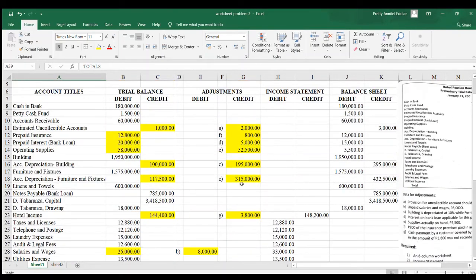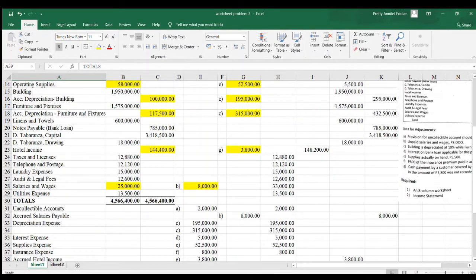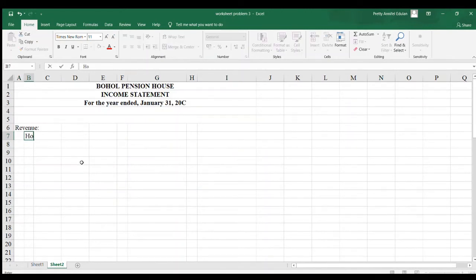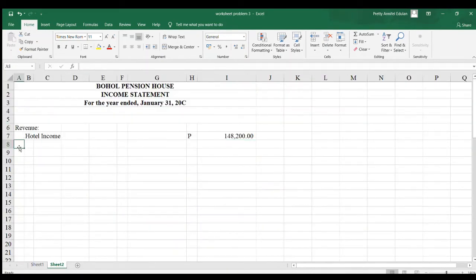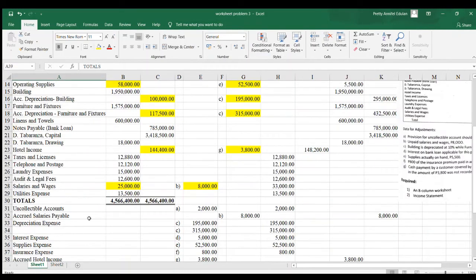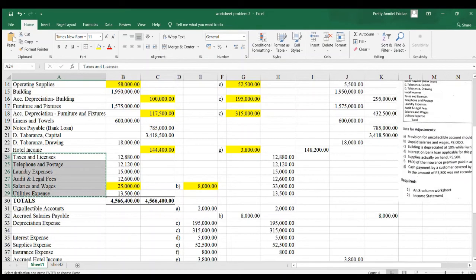Look here at the income statement. Our revenue is hotel income, 148,200, am I correct? Yes. So less expenses. So simply copy the expenses.